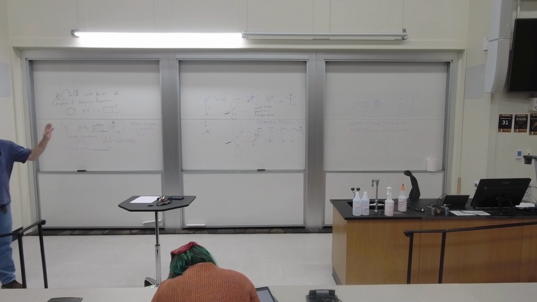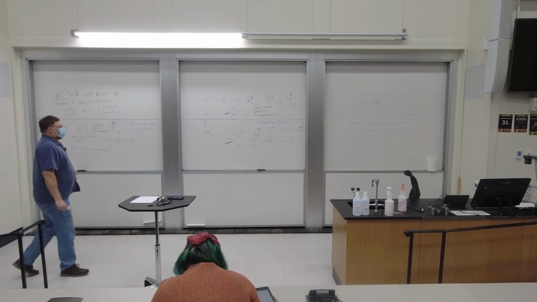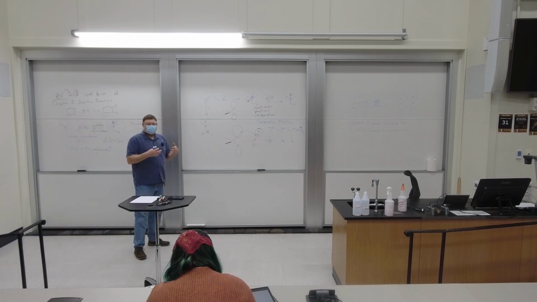And methyl cation, I don't know if you guys on the left side of the room, your right side of the room can see that. A CH3 plus really doesn't form. You're never going to get CH3 plus under normal circumstances, because there's nothing stabilizing that plus at that point.